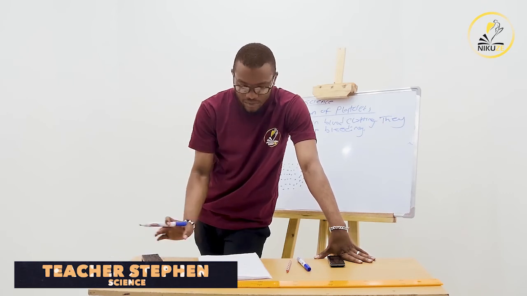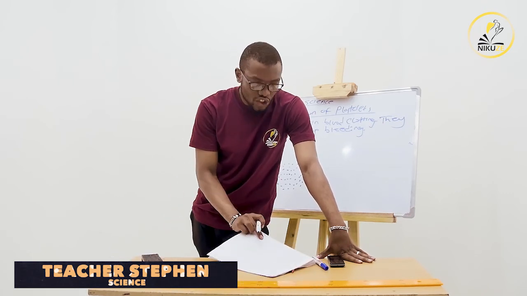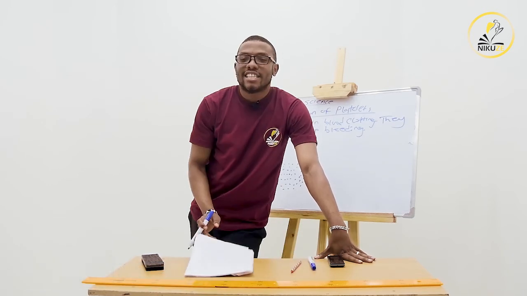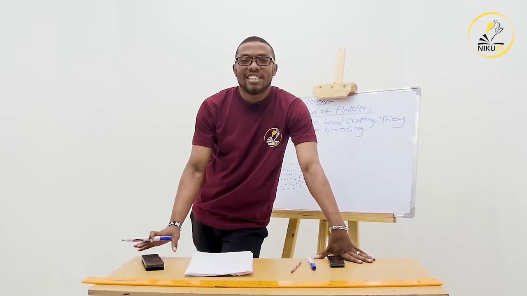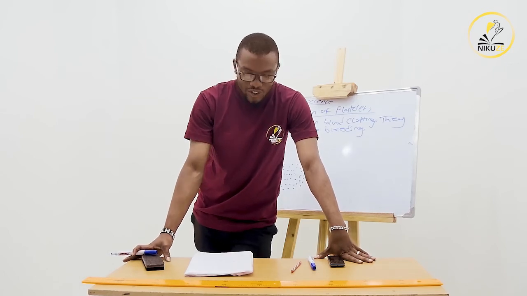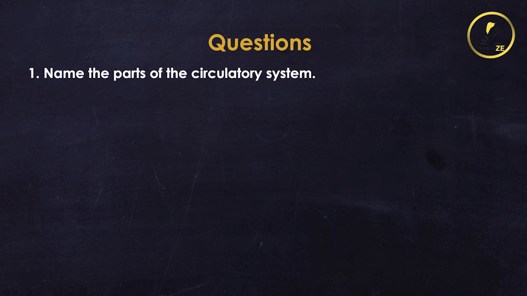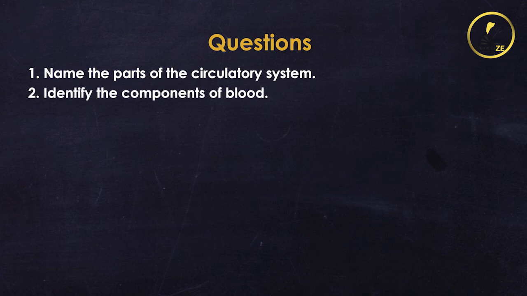At your own time, I want you to try and answer the following questions. Number one, name the parts of the circulatory system. Number two, identify the components of blood.